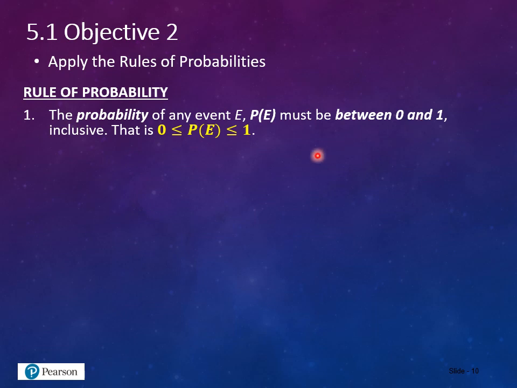An event that has a probability of 1, you might think of this as 100%. If something is 100% likely to happen, it is a certain event, and so its probability is 1.